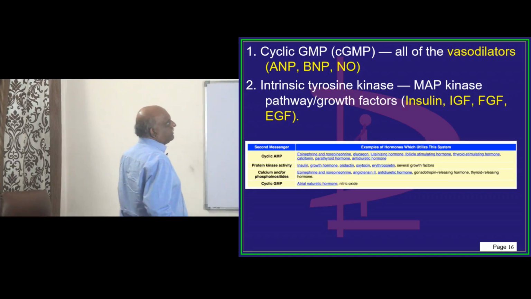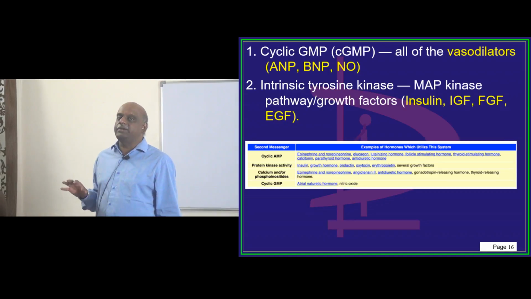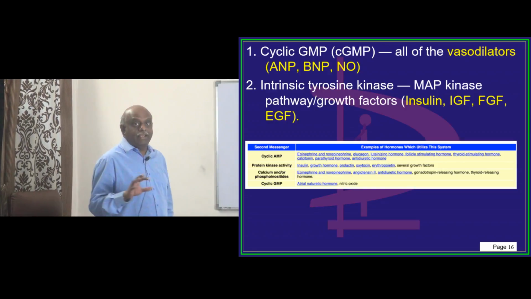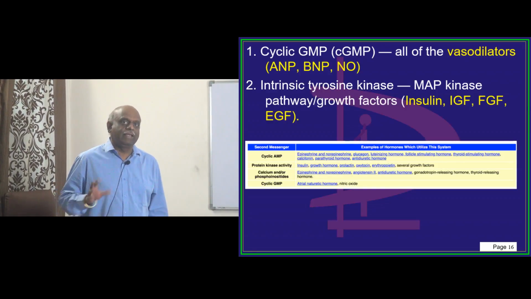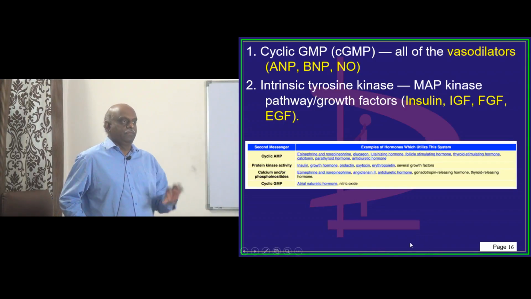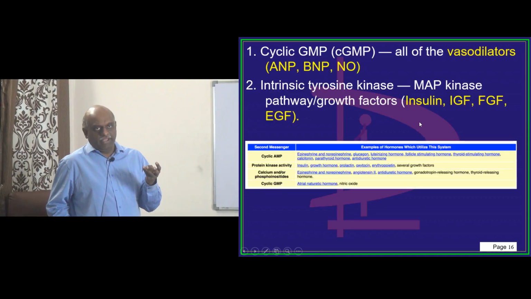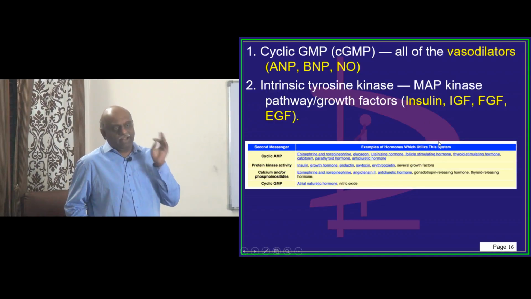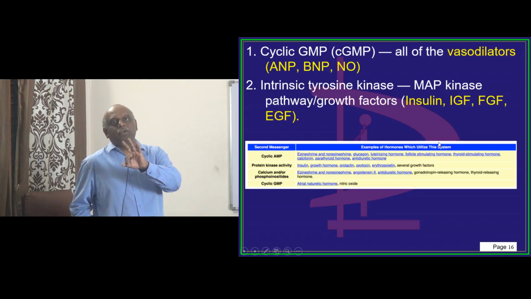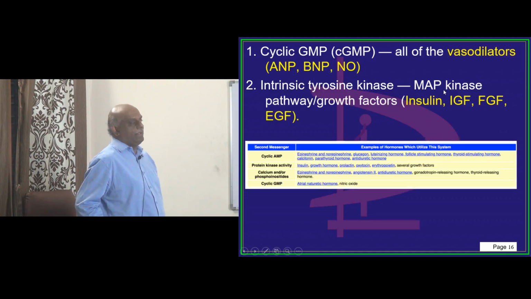Now, the cyclic GMP, classical question. Cyclic AMP is known, cyclic GMP is a secondary messenger for which important hormones? Nitric oxide, atrial natriuretic peptide, brain natriuretic peptide. ये तीनों के लिए cyclic GMP is the secondary messenger is what you need to remember.